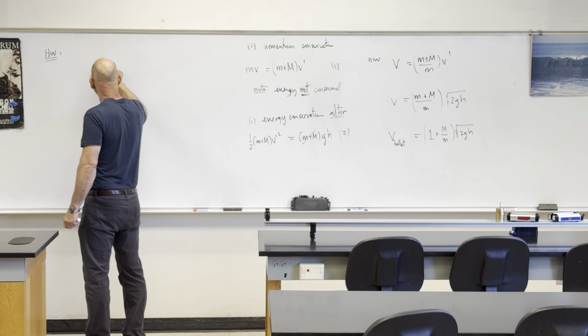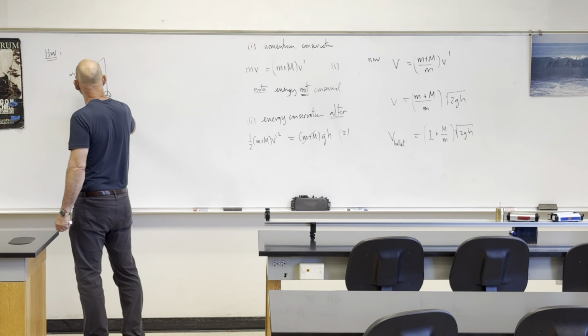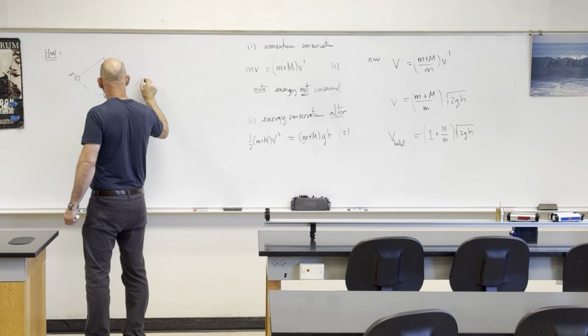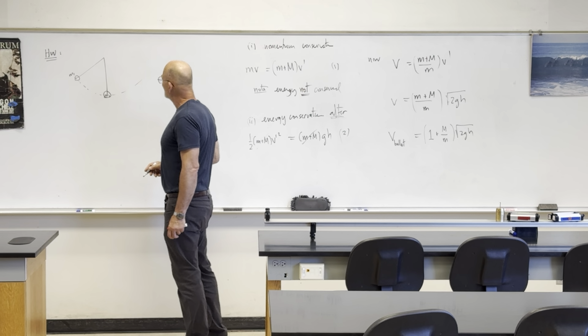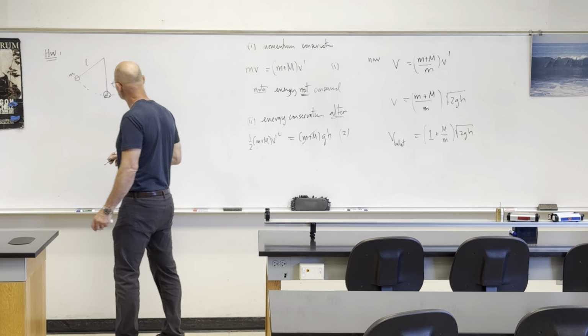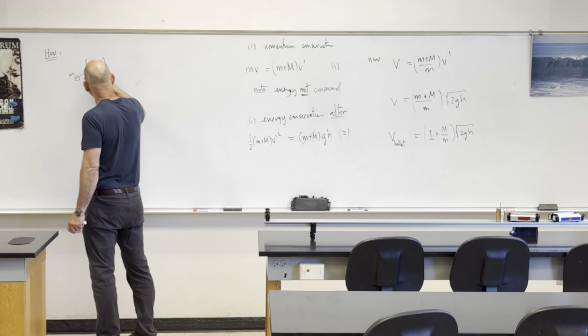So what we'll imagine is we'll have, I'll use 1 and 2, so we'll have M2, M1, and I'll put an L here. And I'll put an initial angle theta.